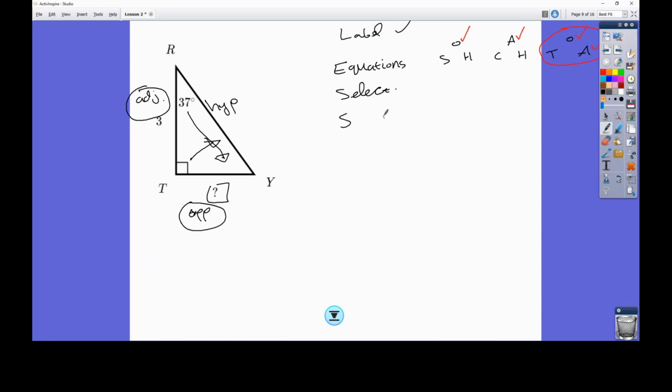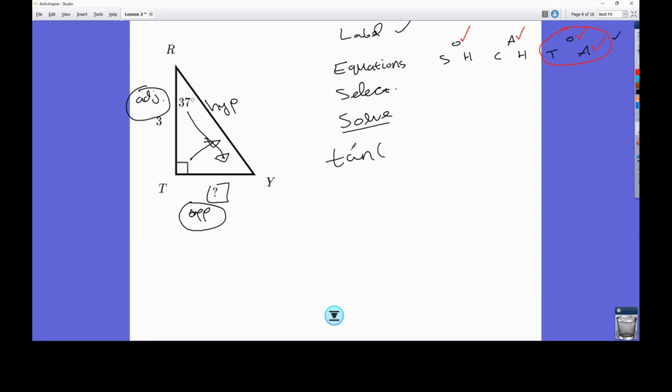So now I'm going to write my equation and then solve it. I'm going to use tan of my angle, so that's 37. Tan of 37 is equal to the opposite to 37, which I don't know, but that's fine, the question mark, over the adjacent, which is 3.